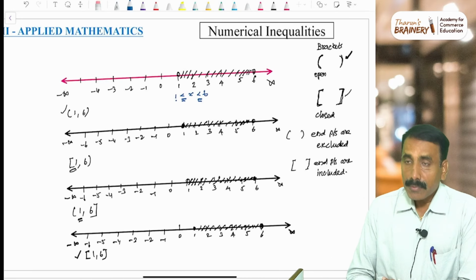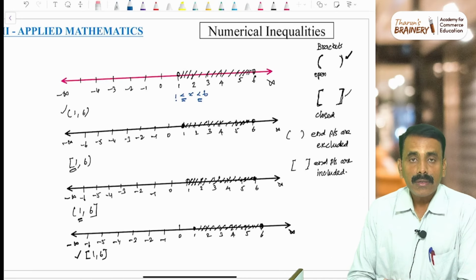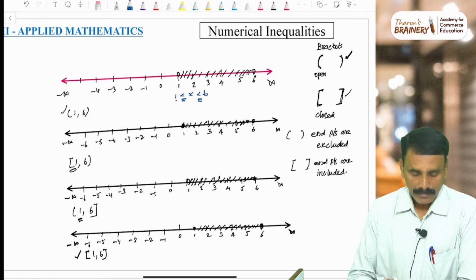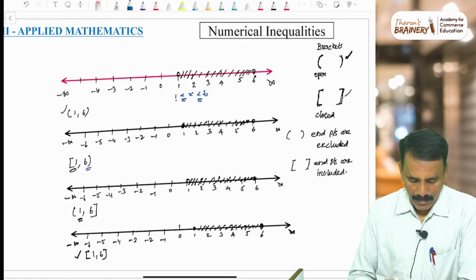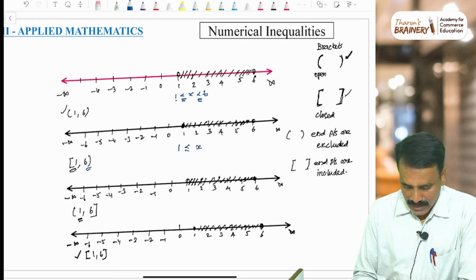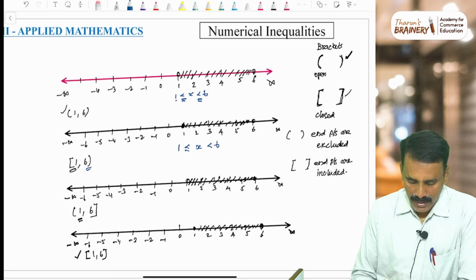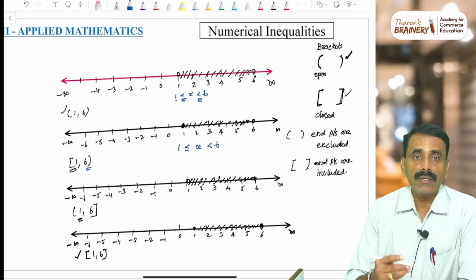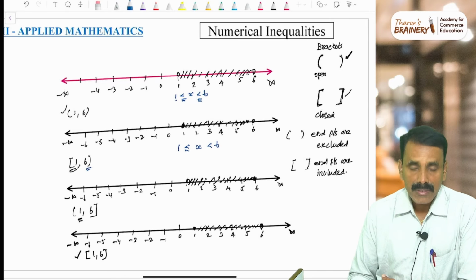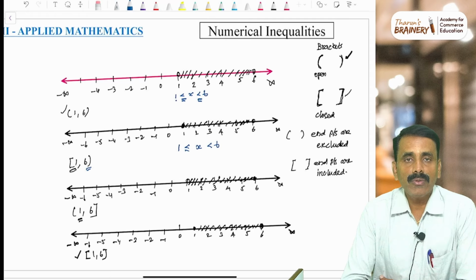Now in the second interval, closed 1 and 6 open. How to write this in inequality format? It is written as 1 less than or equal to x strictly less than 6. X can take any value greater than or equal to 1, and x must be less than 6.